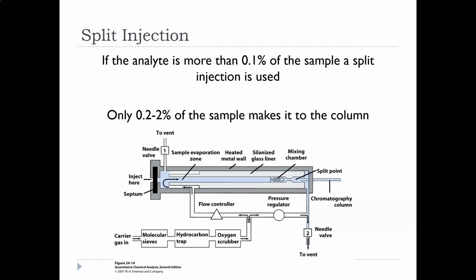We inject the sample with the syringe, but then there's a little compartment that separates out a lot of the sample, only letting between 0.2 and 2% of the sample make it to the column. So basically, you have a split injection for when your sample is too concentrated to go onto the column, but you don't have a way to dilute it.